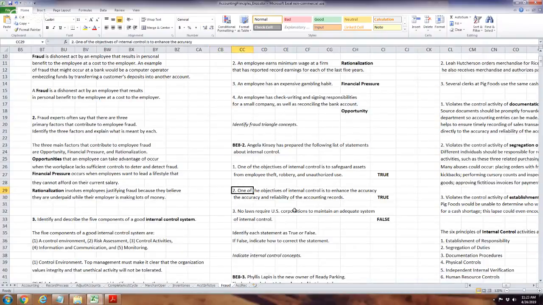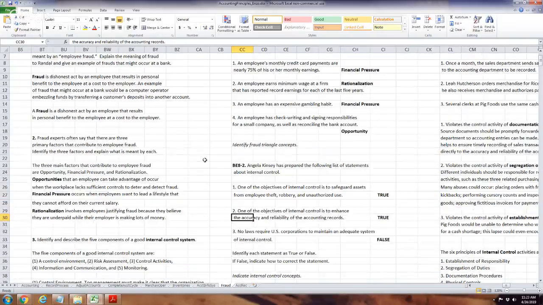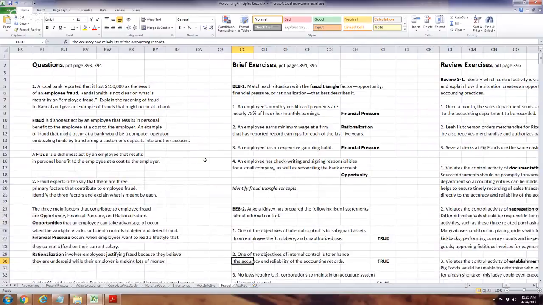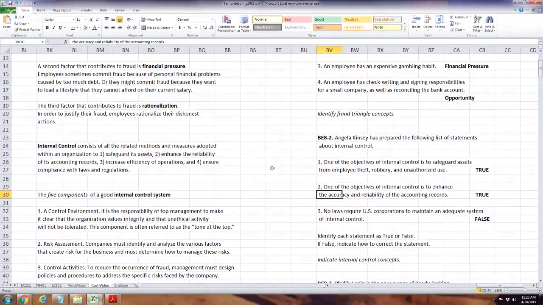And then we have 2 of these for some reason. Yep, okay, we're good. So the objective of internal controls, yes, that's true.